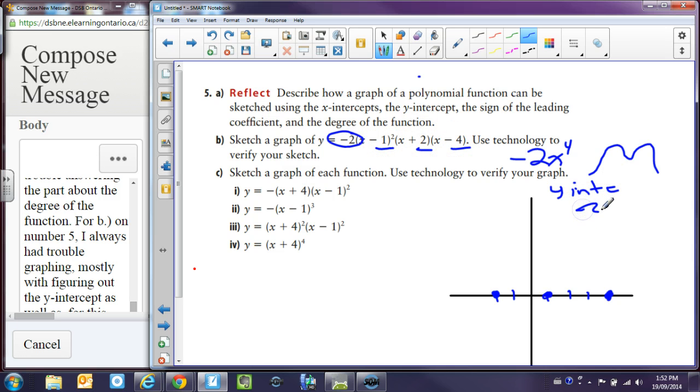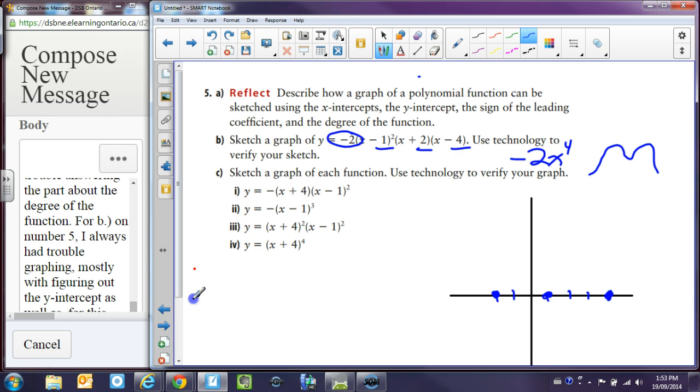So it's going to be negative 2 times the negative 1. Oh my goodness. Sorry about this. I'm going to do it over in the corner here.